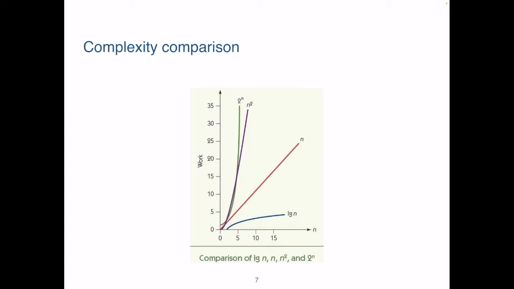The running time of n-squared algorithms increase really fast, especially comparing to n. When we have an exponential complexity, say 2 to the power of n, its growth rate is just astonishing. Even small values of n can yield very, very high running time.